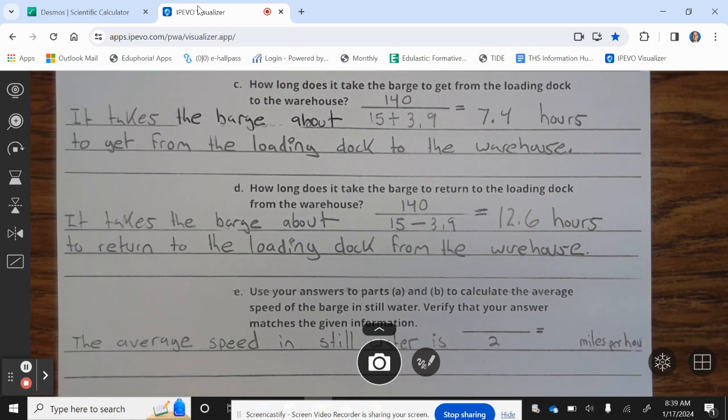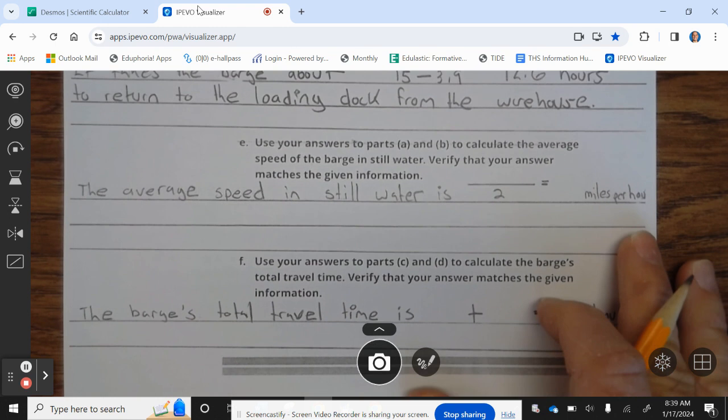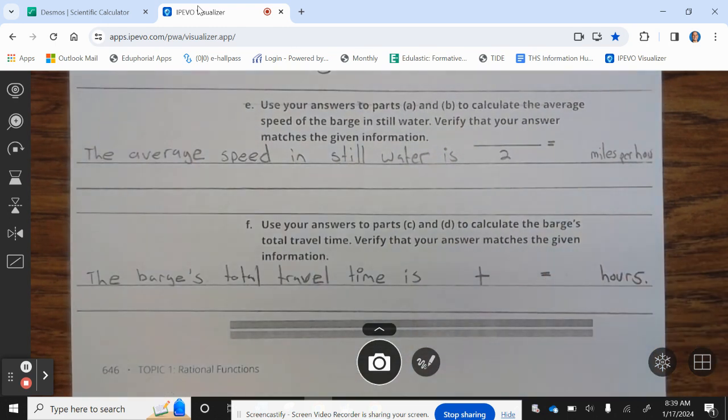Hours to return to loading dock from the warehouse. E. Use your answers to parts A and B to calculate the average speed of the barge in still water. Verify that your answer matches the given information.